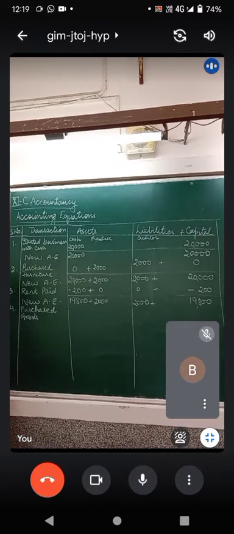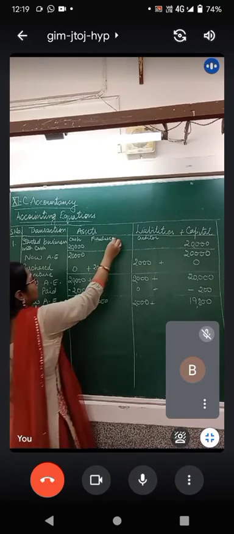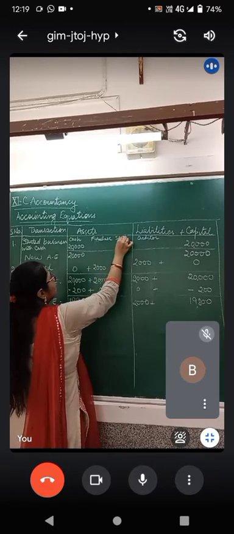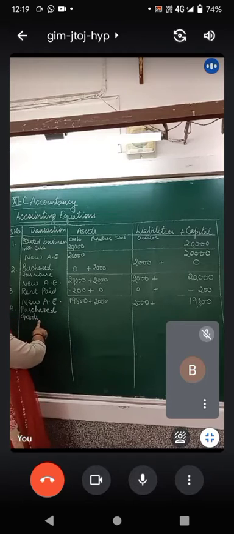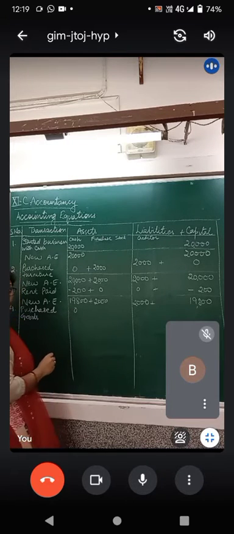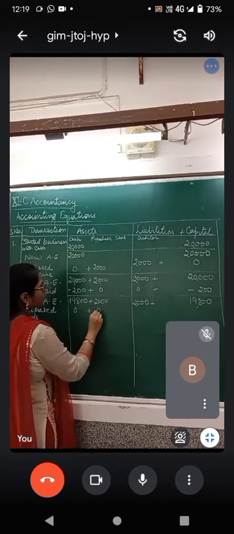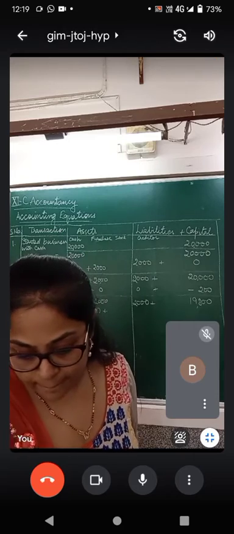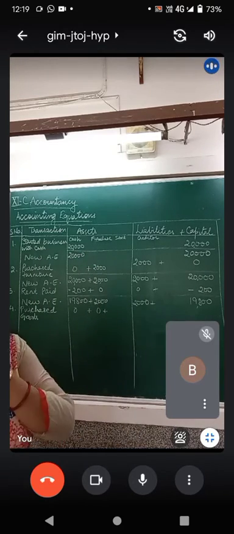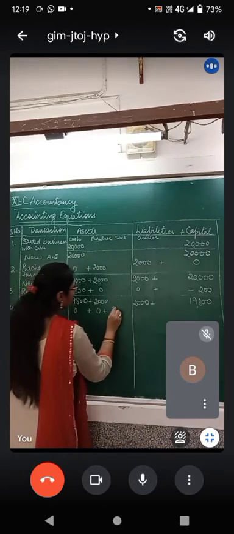Now because he has purchased goods, it will open up a new account, that is the stock account. He has purchased it on credit basis, so nothing to do with cash, nothing to do with furniture, but stock has risen, so the amount will be rupees 3,000 added to stock.